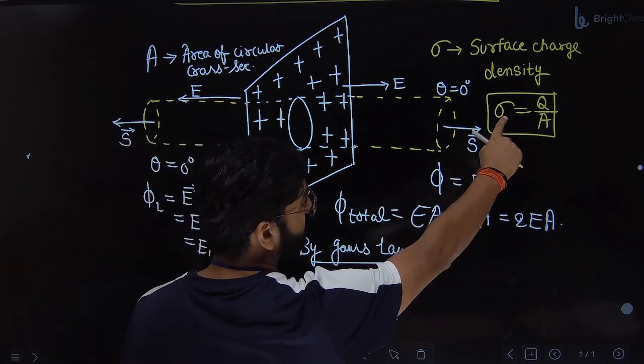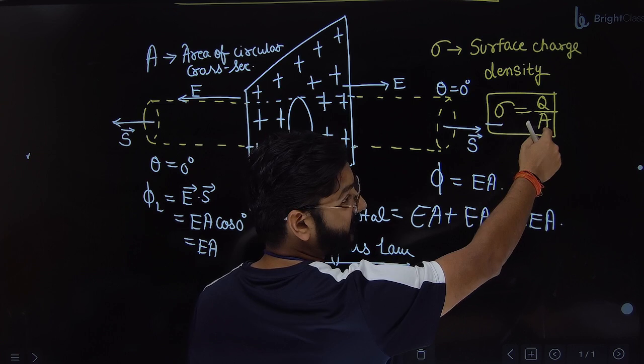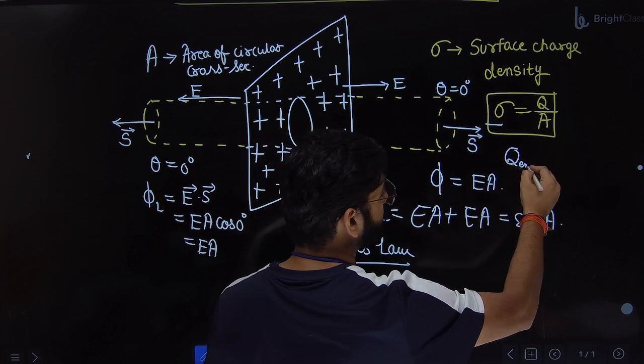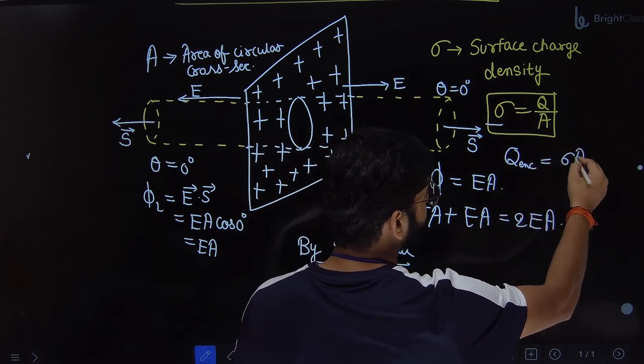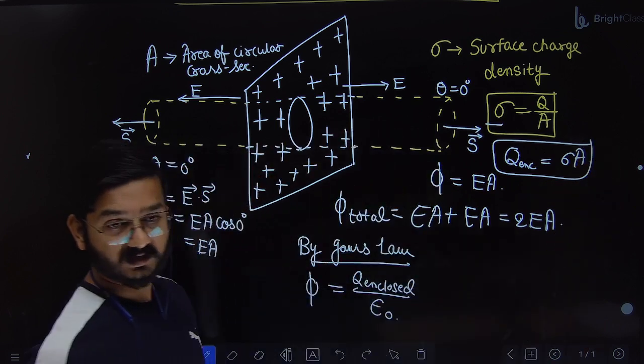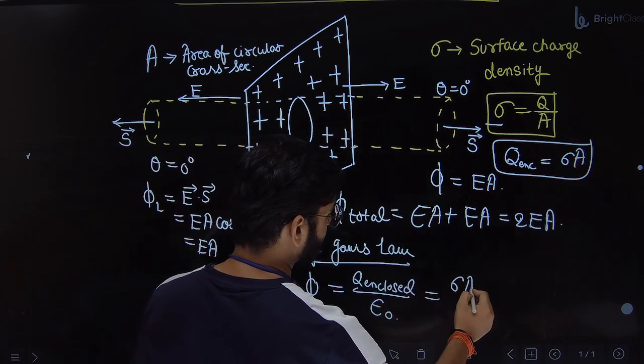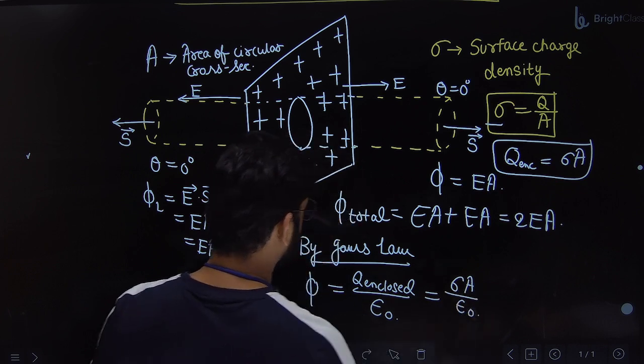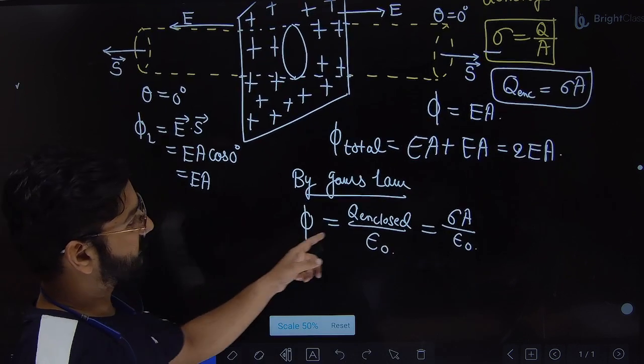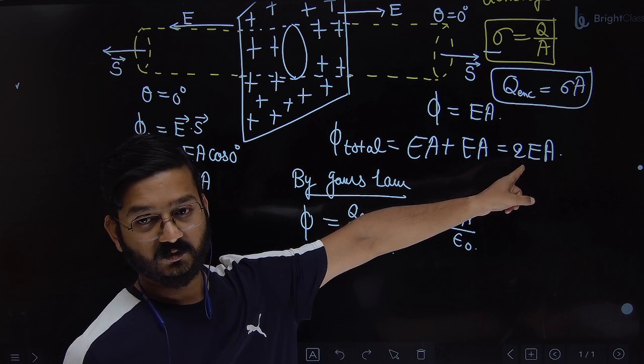So what is surface charge density? Charge by area. So what will be the charge enclosed? Surface charge density into area. Correct? Substitute sigma A by epsilon naught. And what is the flux? We already calculated 2EA.